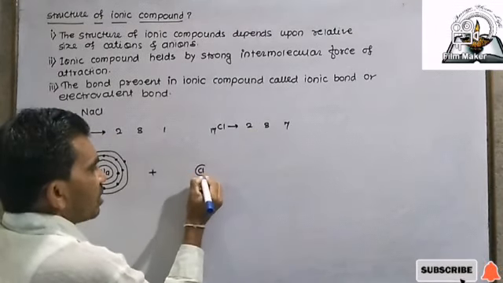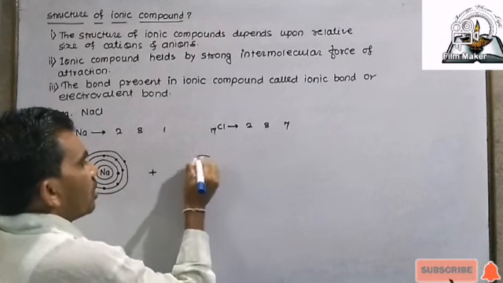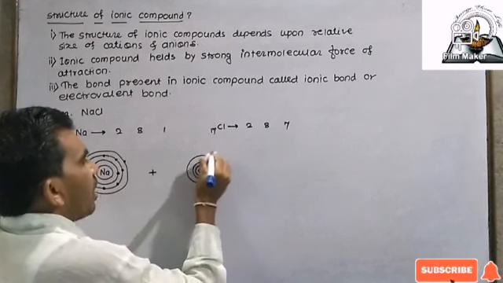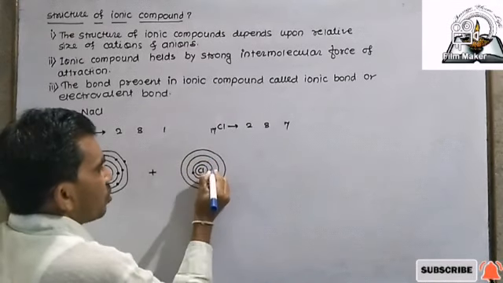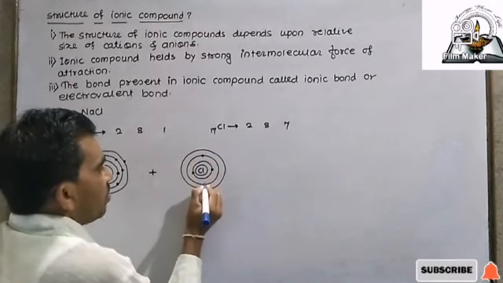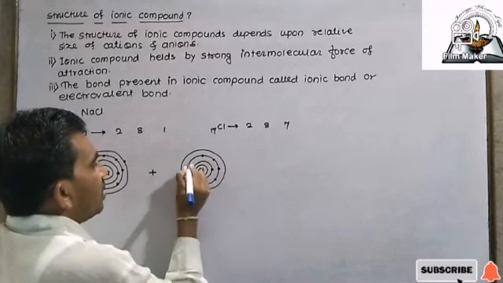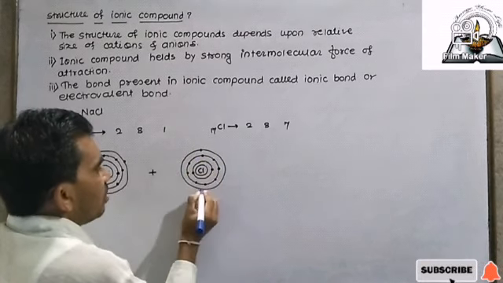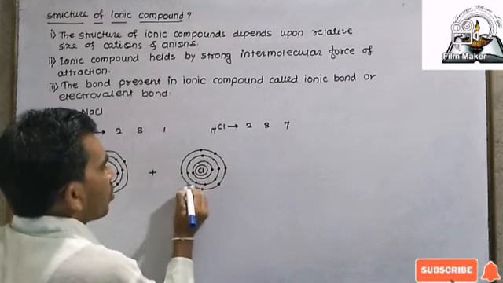So Cl चं हे झालं न्यूक्लियस, आणि हे means first orbit 2, next one the 8 and next one the 7. So first orbit में 2 electrons, next orbit में 8 electrons, that is 2, 8 and 7. So that is the 7 electrons in the outermost orbit of the chlorine.